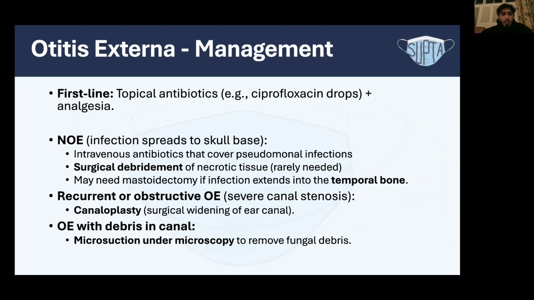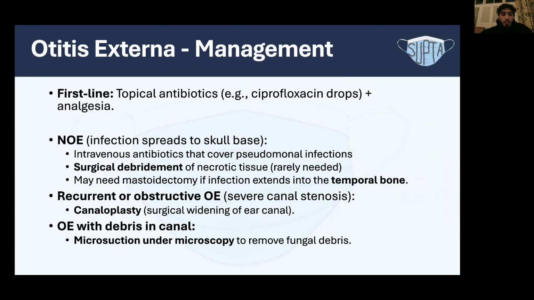If we have necrotizing otitis externa, we have to surgically manage this if it's severe enough. IV antibiotics to cover for the Pseudomonas infections. We need to surgically debride it, which means removing all of the tissue that is necrosed. And if it's extended far enough into the temporal bone, we need to do a mastoidectomy.